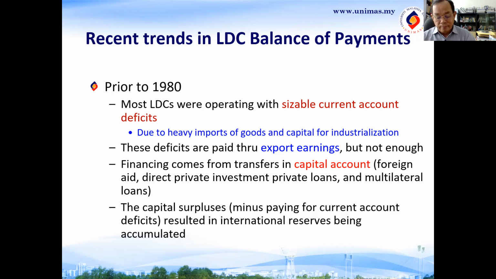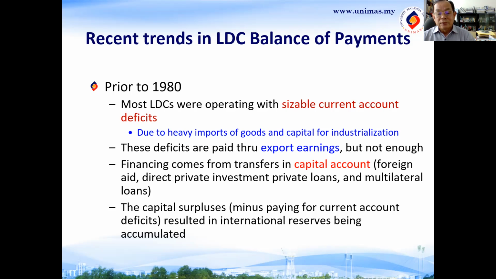See the point is, if you can export more, then the current account balance will be a positive surplus. But if there is little export but more import, then the current account balance will be deficit ataupun negative.